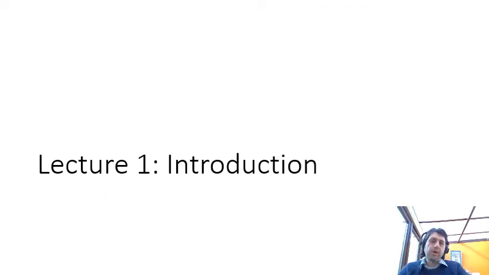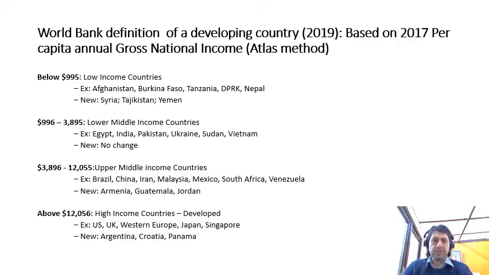Okay, going all the way back to the first lecture, the introduction. The first thing we talked about early on is how we identify what's a low-income country, a high-income country, an upper middle income and a lower middle income country.